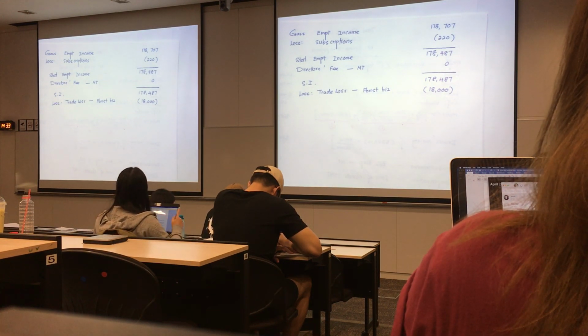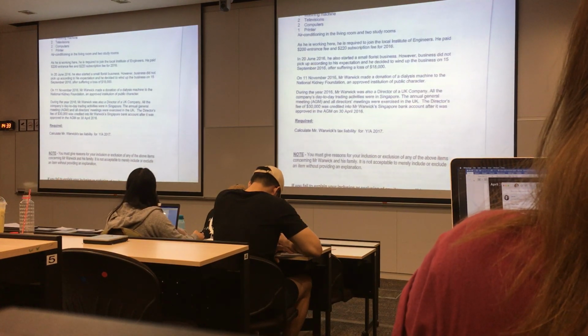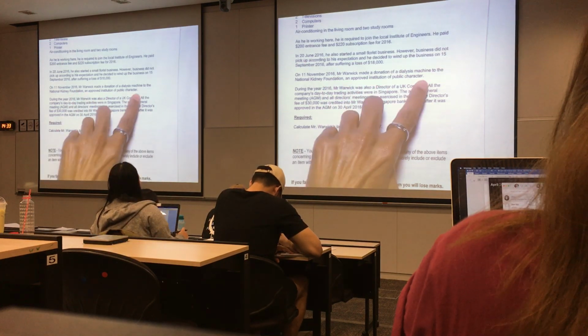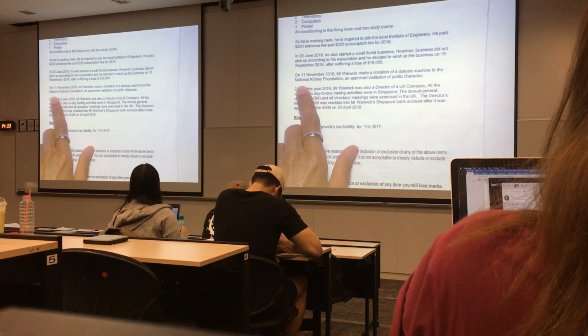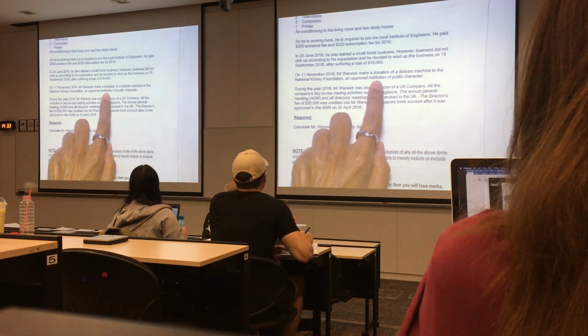Now what about donations? Again, donations is very important. We have been going through that right from the very first lecture. They already tell you it is approved, but you must know, in the exam, if the examiner gives you National Kidney Foundation, he may not tell you it is an approved institution. Why?